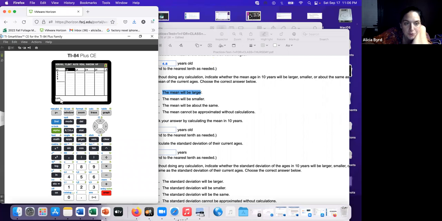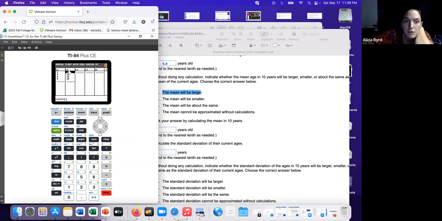I can enter L1 in there, using second and the L1 key. Then I can say L2 is equal to L1 plus 10. It's going to take every entry in my L1 and add 10 to it. So it does it for you, which I love. This isn't hard, but if you have to do something different on a different problem, it's a nice little trick that helps you out.